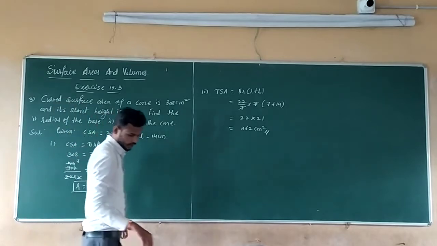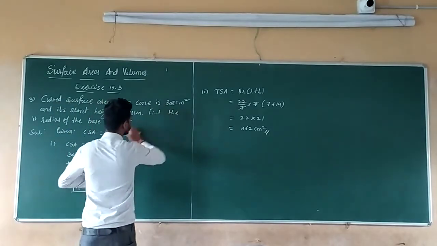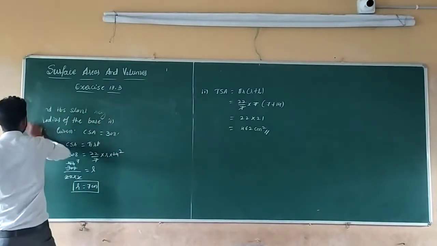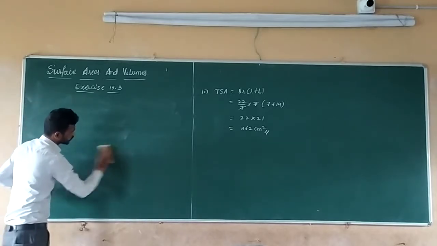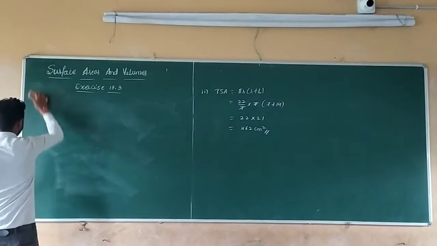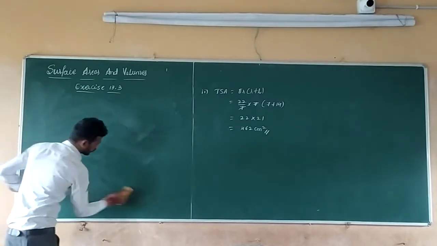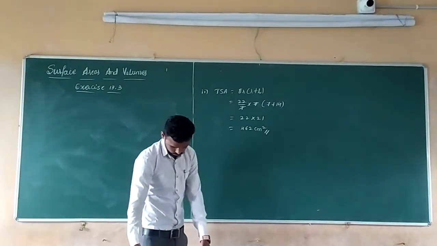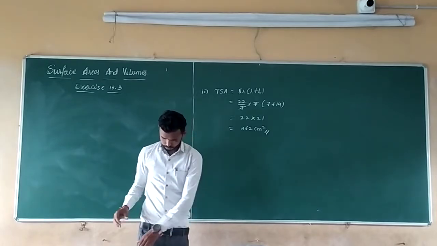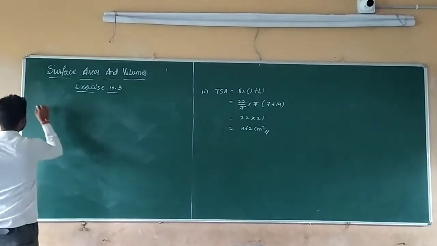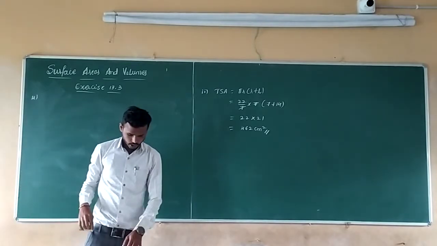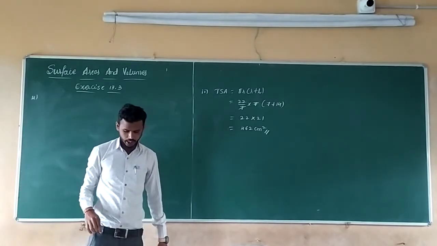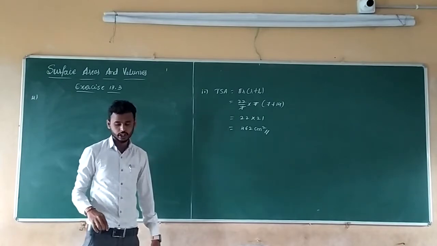Let us see the next question, the fourth one. A conical tent is 10 meters high and the radius of its base is 24 meters.